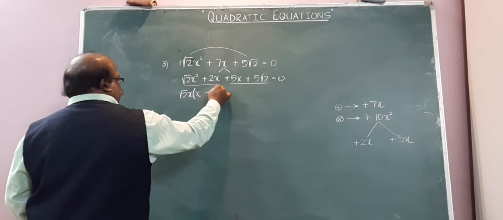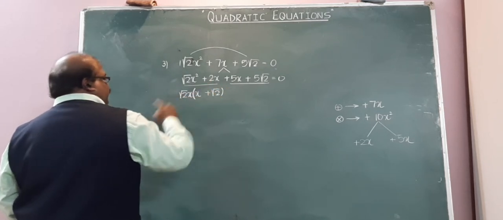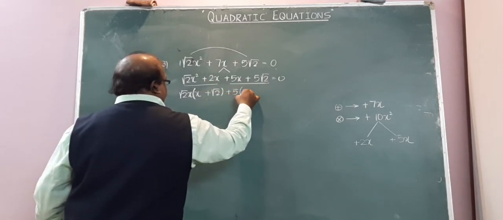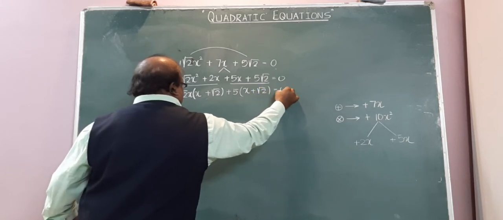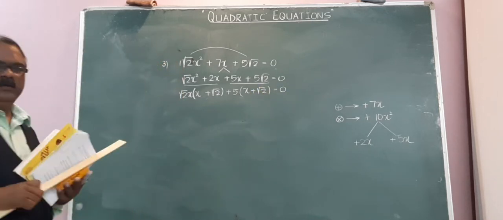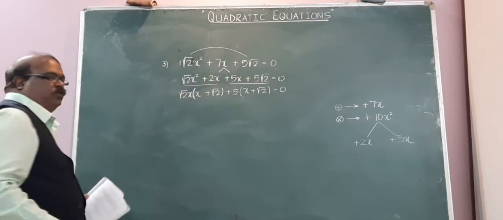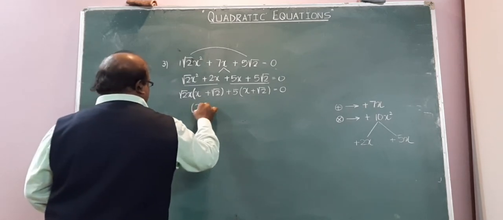Root 2 into root 2 is 2 and this x. Here the common factor is 5. What remains in the bracket is x plus root 2. Let me check. 5 into x, 5x. 5 into root 2, 5 root 2. So you get x plus root 2.